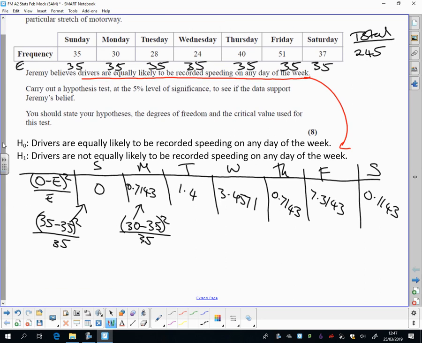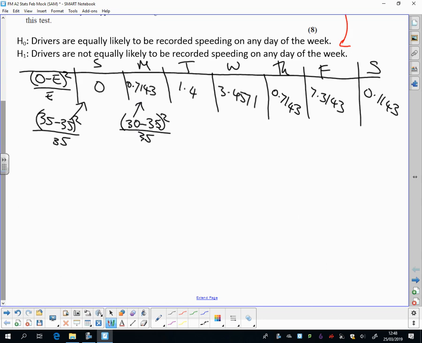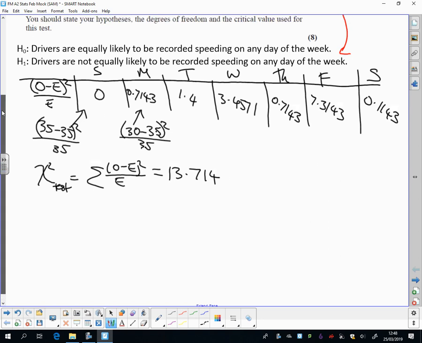Now, our chi-squared test value is the sum of all of those, which again you get your calculator to help you work out, which is 13.714. Right, so we found our test statistic.